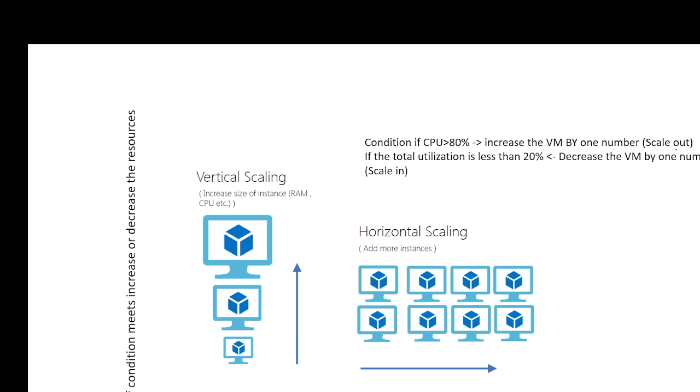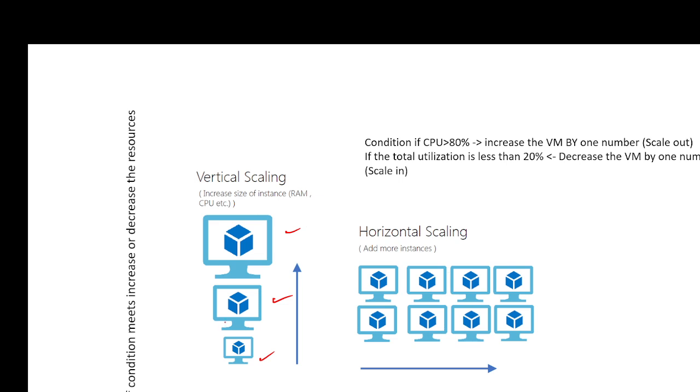Okay, so this is the vertical scaling you see here. Earlier it was a small VM, this one. Then as soon as the utilization went higher, I increased to this one. Even that virtual machine is getting loaded and the utilization is crossing 90%, so I am increasing to the next bigger size.